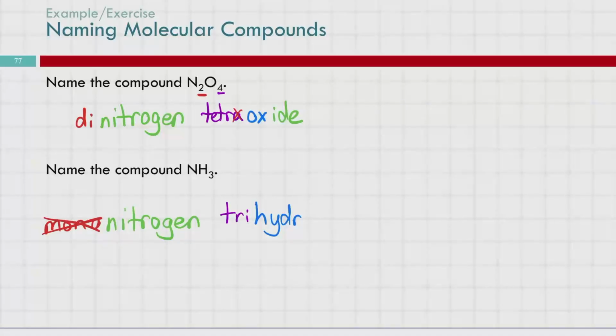And then what do we do to the ending? Ends in ide. Yeah, we change it to ide. So we would call this nitrogen trihydride. The common name is ammonia.